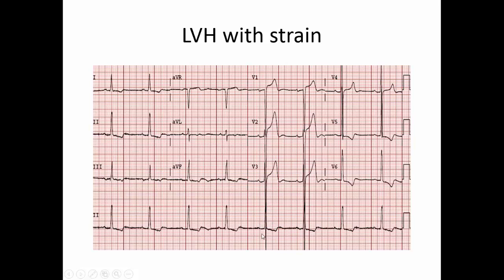So that meets criteria in any of those measurement criteria for LVH. So you've got LVH, and this is the strain pattern with a little bit of ST depression and inverted T waves in V5, 6, and in the inferior leads, and then with this LVH pattern here, you've got some ST elevation. Very difficult to tell the difference between a STEMI and LVH with strain pattern.